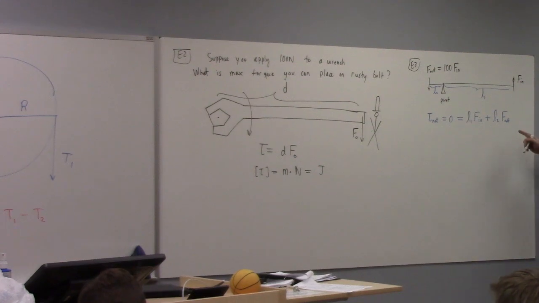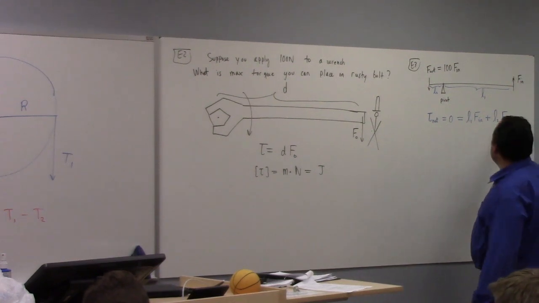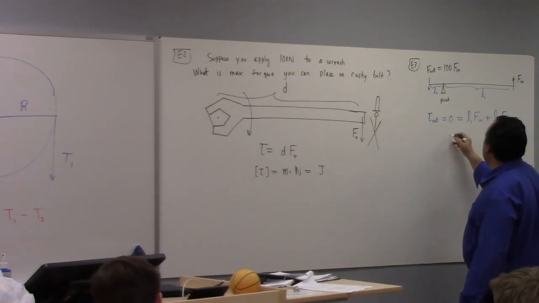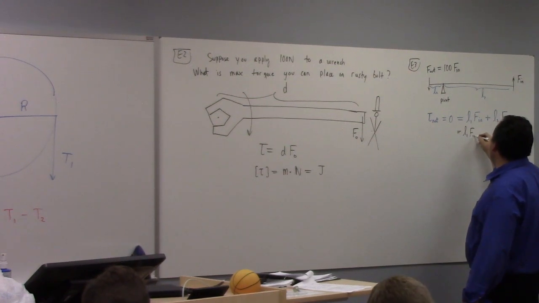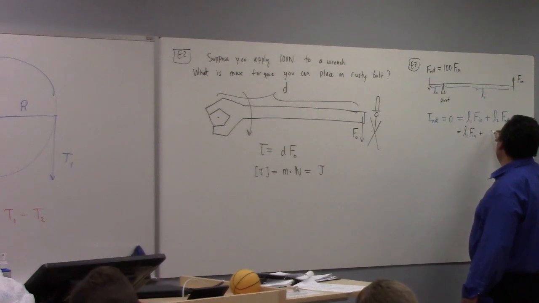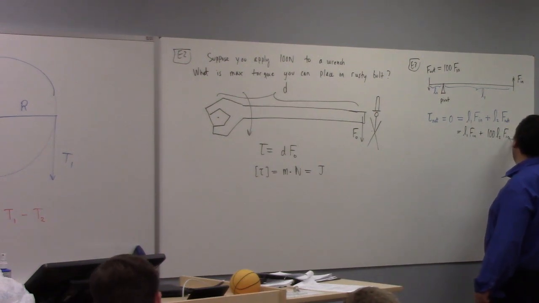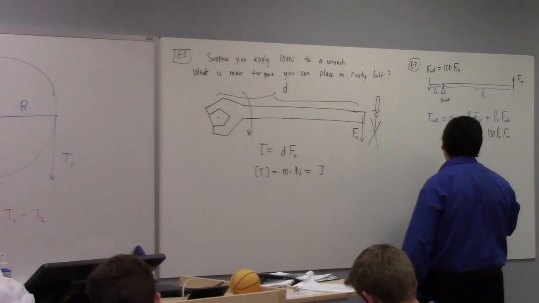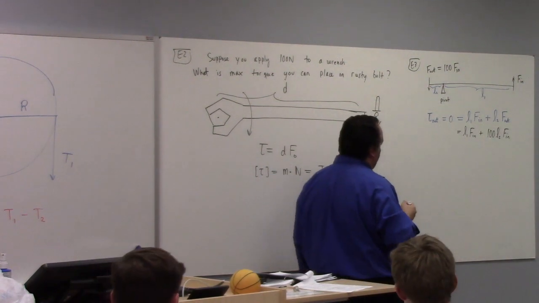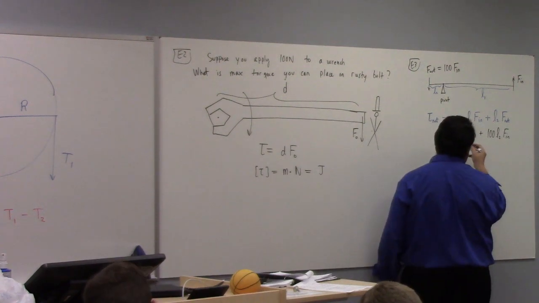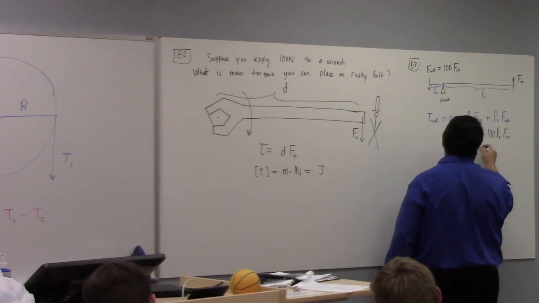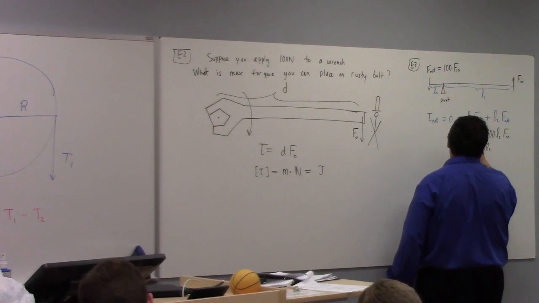So I'm saying that this is 100 times Fn, so what does that tell me? L1 Fn plus 100 times L2 Fn. So as I give that, I guess that force is L1 plus 100 L2, right?